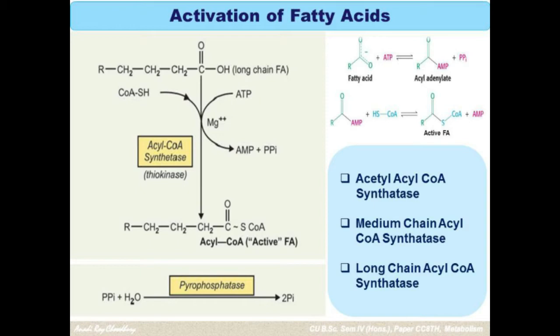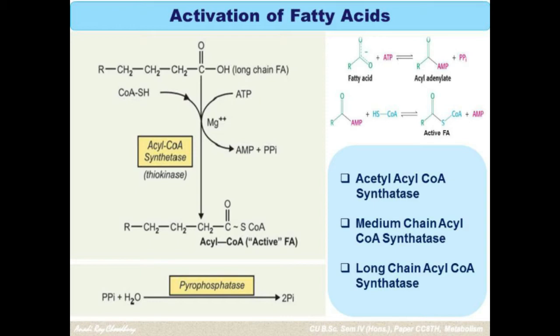This reaction is called activation of fatty acids. In this reaction, a thioester linkage is formed between the fatty acid carboxyl group and the thiol group of coenzyme A. The ATP undergoes pyrophosphate cleavage to yield AMP and inorganic pyrophosphate.